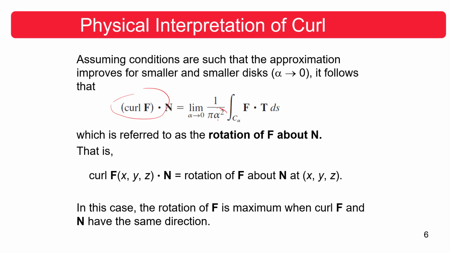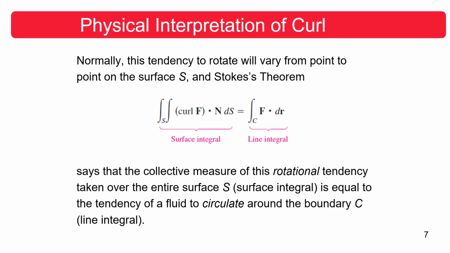We divide by the area of the circle, and we take the work integral around that little circle. That's one way of defining the curl. It's a little bit less intuitive than the divergence theorem, but what we're saying is that the rotational tendency taken over the entire surface is equal to the tendency of a fluid to circulate around the boundary of the surface.